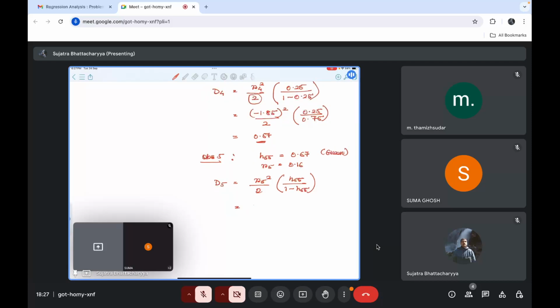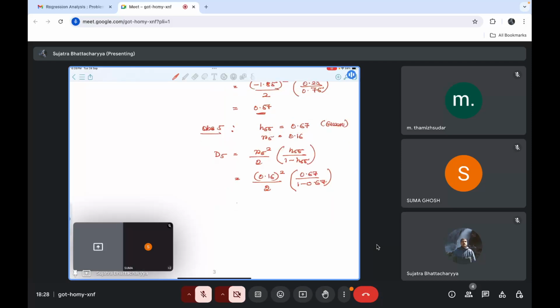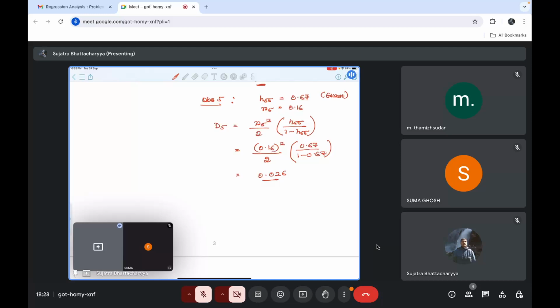Right? So R5 square, 0.16 square, divided by 2, into 0.67 divided by 1 minus 0.67. That's all. Just calculate it out and it will come out to be about 0.026. So it is very small.